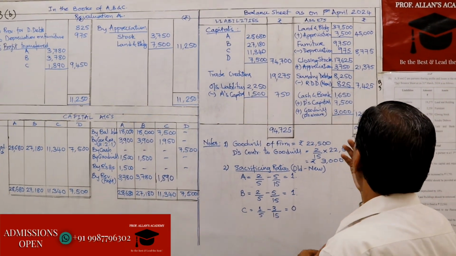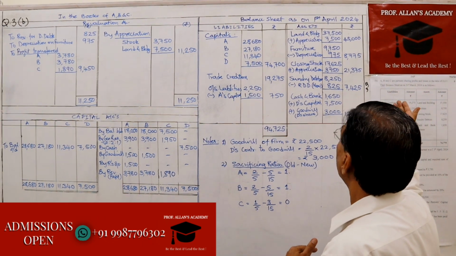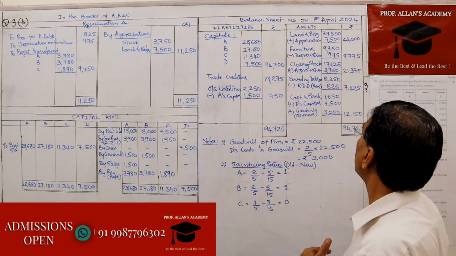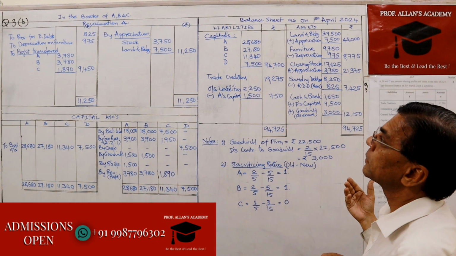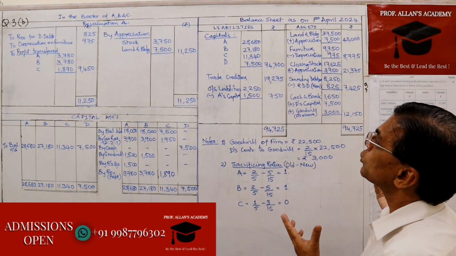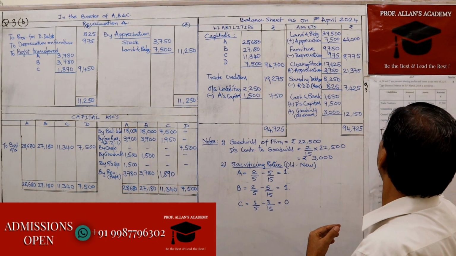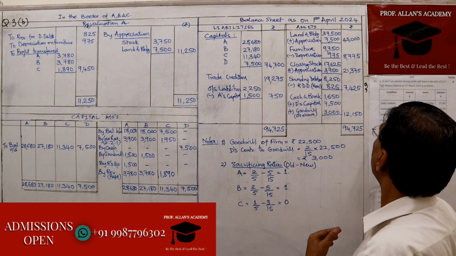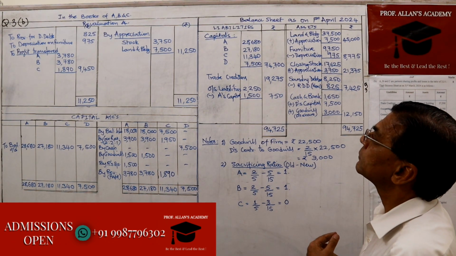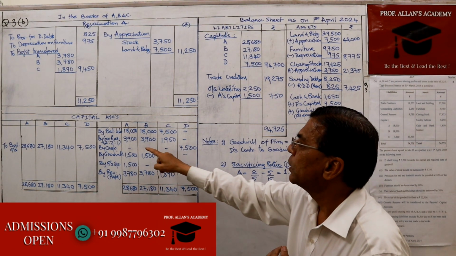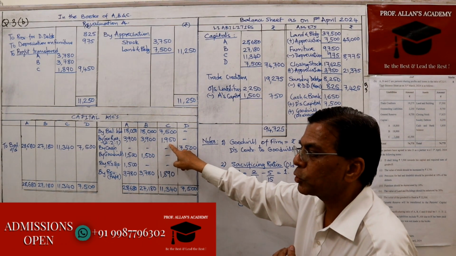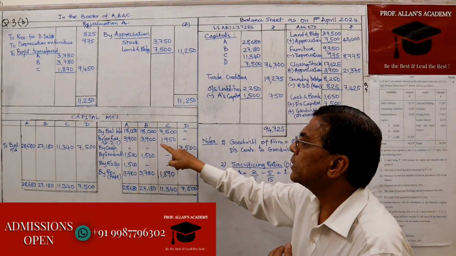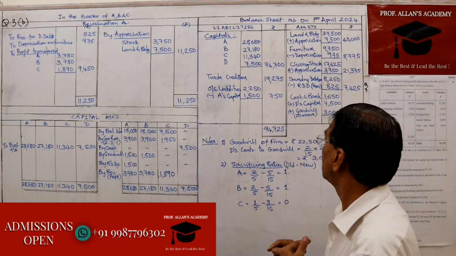Now moving along with the problem, trade creditors, there is no change. Outstanding liabilities, we find no change. General reserves, 9,750. This general reserve will be shared amongst the partners in the old profit sharing ratio, that is 2:2:1.